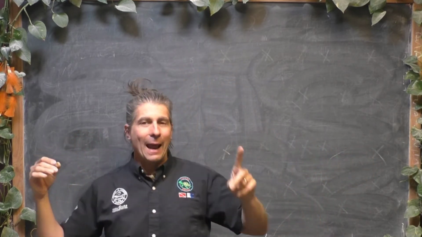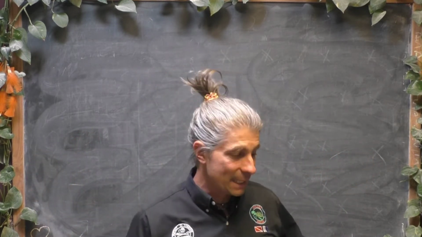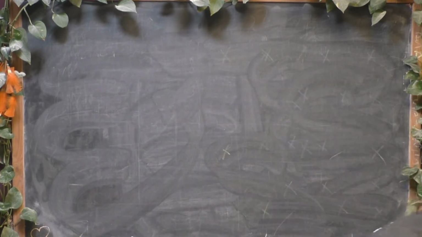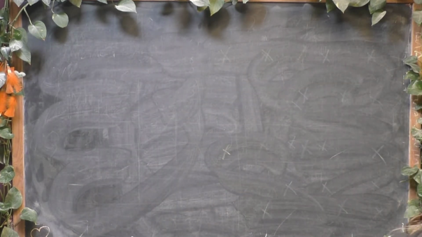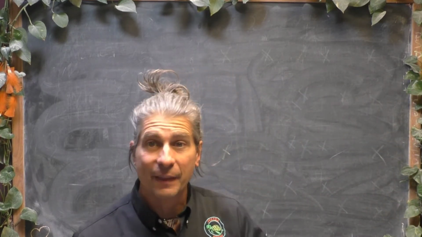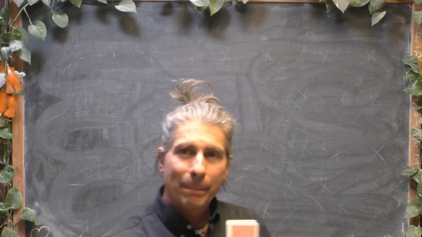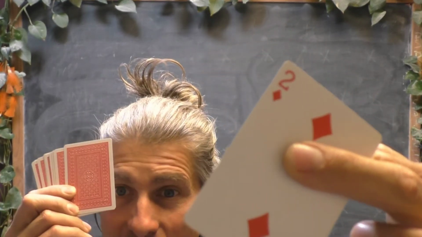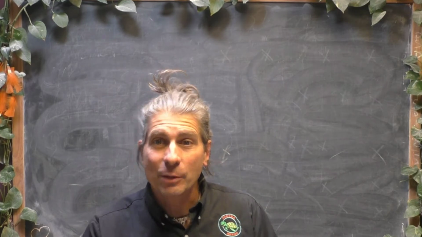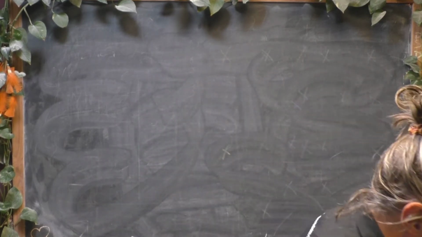If you're looking for an analogy to this, think back to dealing cards versus flipping a coin. Every time you flip a coin, the probability is 50% that you're going to get heads or tails. But with cards, if you pull a diamond out of a deck of cards, that means the chance of getting a diamond just changed. Now, here's the part that you make yourself feel better about.